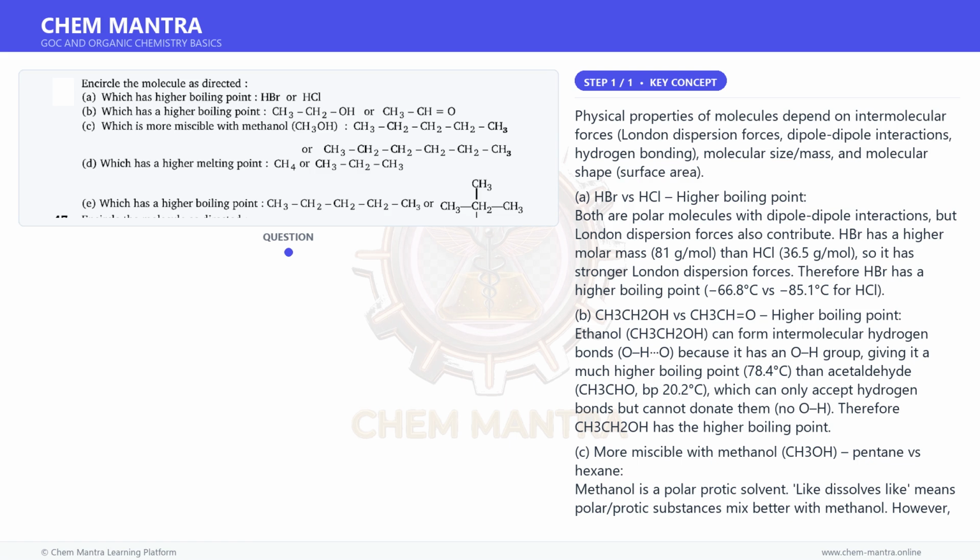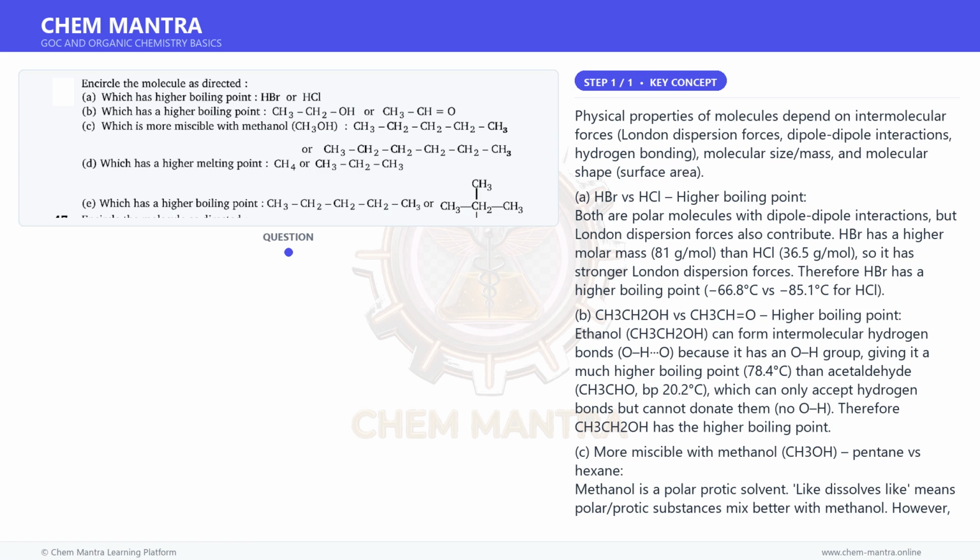More importantly, pentane, C5H12, is less hydrophobic than hexane, C6H14. The smaller nonpolar molecule has less tendency to be excluded by the polar solvent, so pentane is relatively more miscible with methanol than hexane. Therefore, CH3CH2CH2CH2CH3, pentane, is more miscible with methanol.